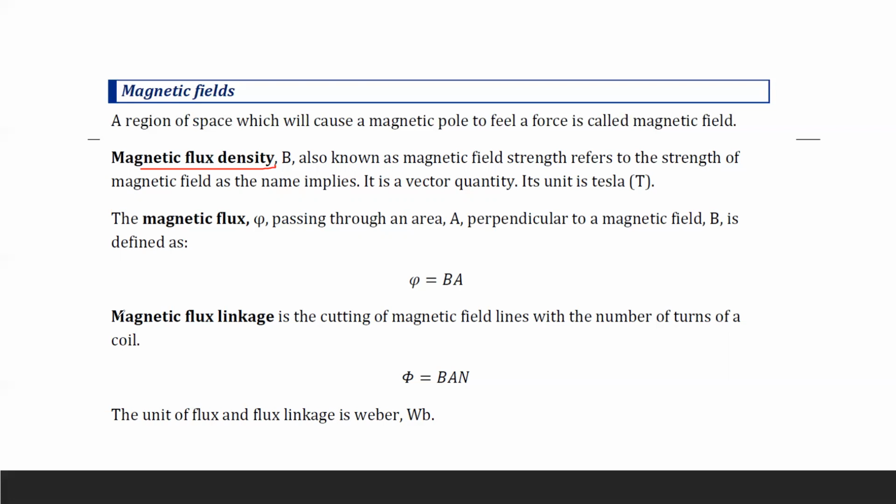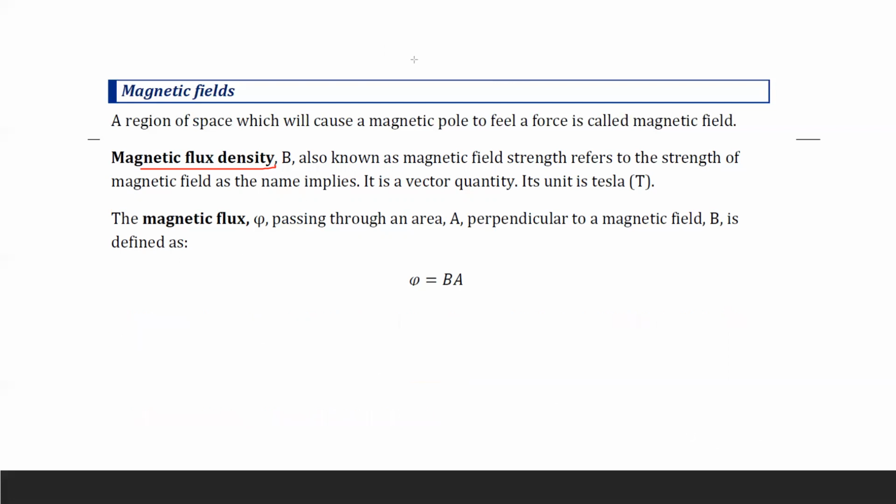Then what is magnetic flux? Magnetic flux means how many magnetic field lines are passing through a unit area. Like we have a region, say you have magnetic poles. So we have north, south, north, south.